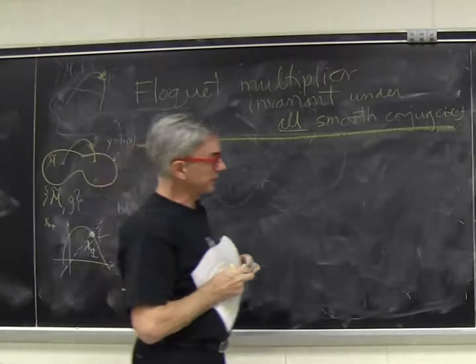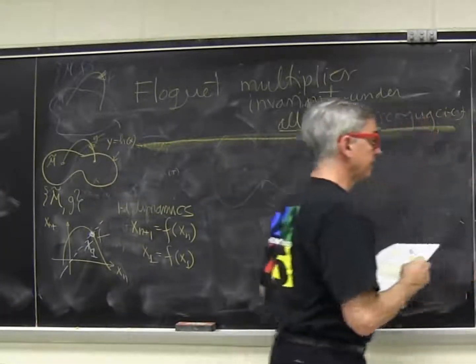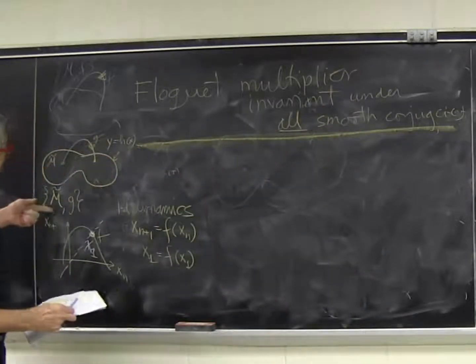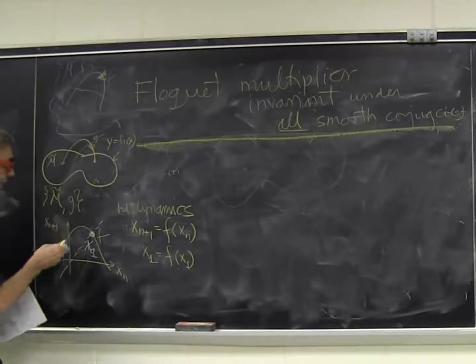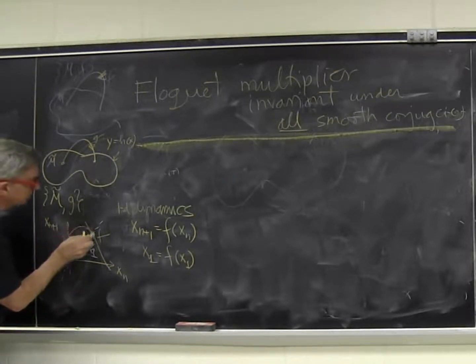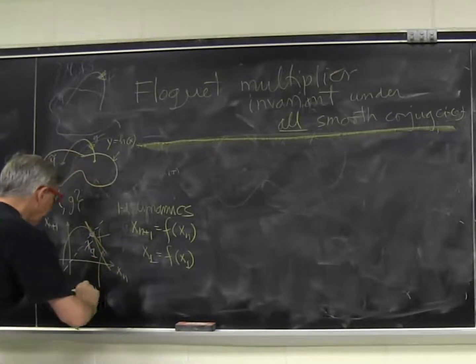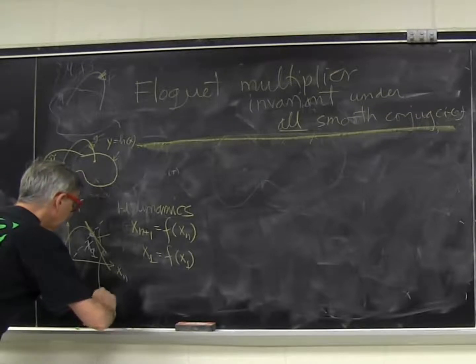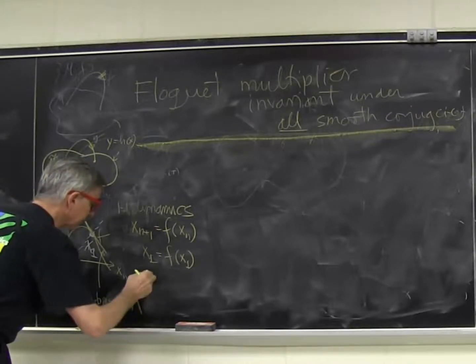And we are studying Jacobians. Jacobian is the derivative of where you are at a later time with respect to the previous time, and that derivative is just the slope here. So the Jacobian is a 1-by-1 matrix, so you can just write it as a multiplier.